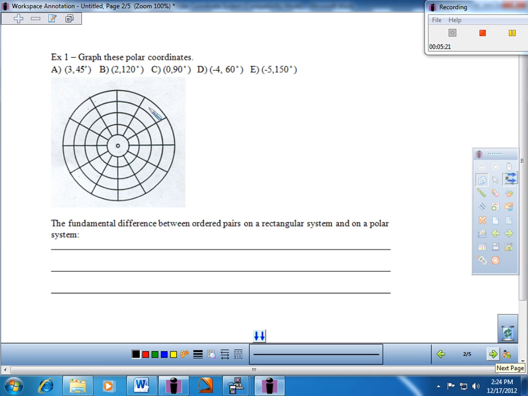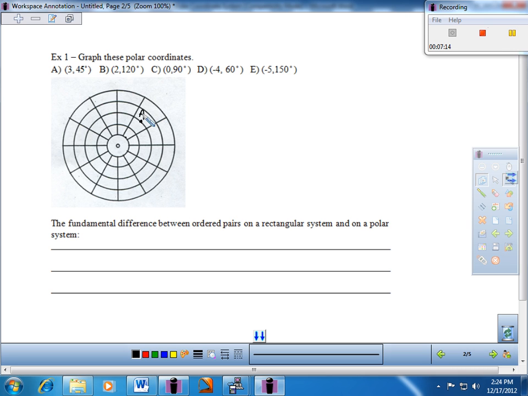And so now I know that I'm on that 45-degree terminal side, and now I just have to go on a radius of 3 units. So 1, 2, 3, and there it is. So I'm going to put a part A just next to that piece, and that would be 3, 45 degrees. Again, just to reinforce, do theta first. I think it's easier. I really do.